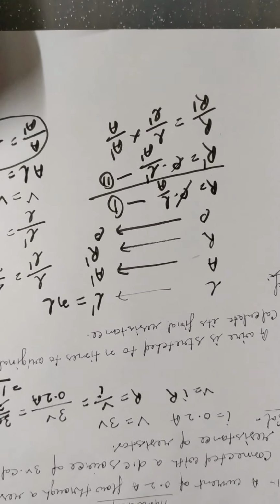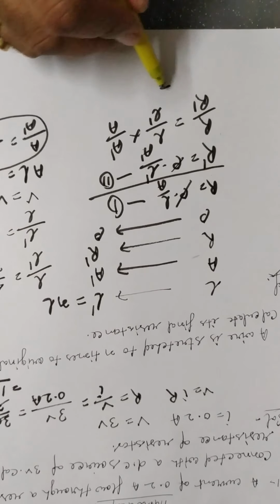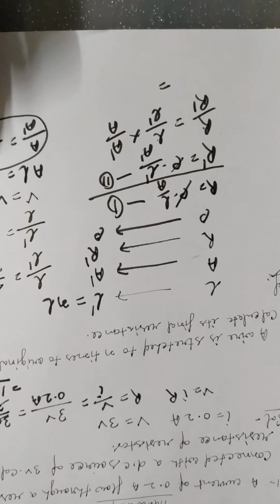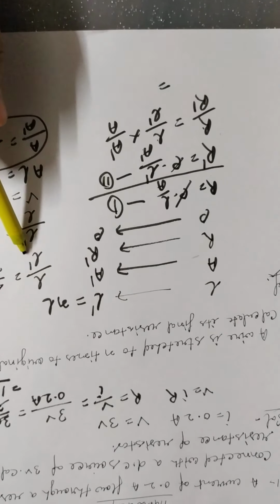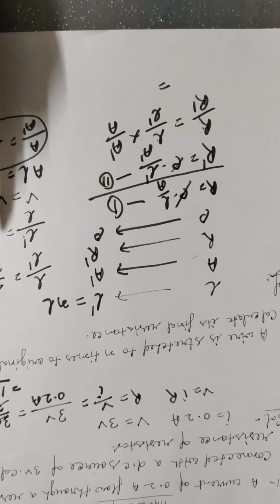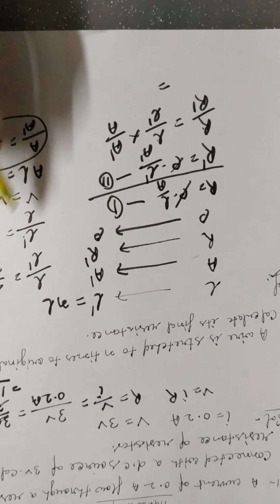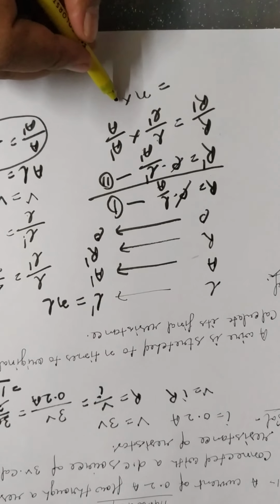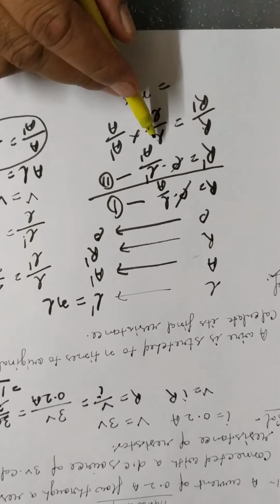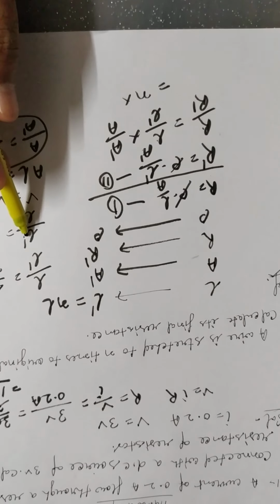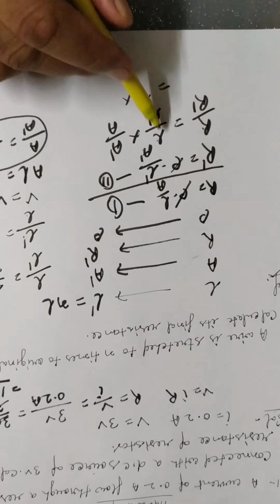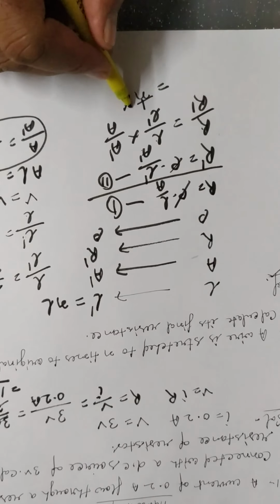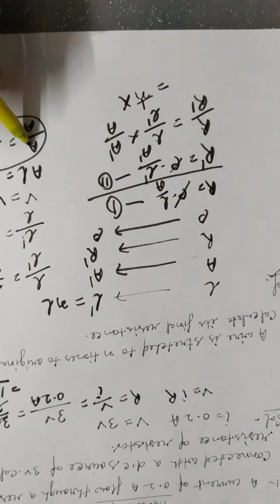Now according to this value, we have to find out the relation between the resistances. So the relation between L and L dash: L by L dash is 1 by n, since L dash by L is n.